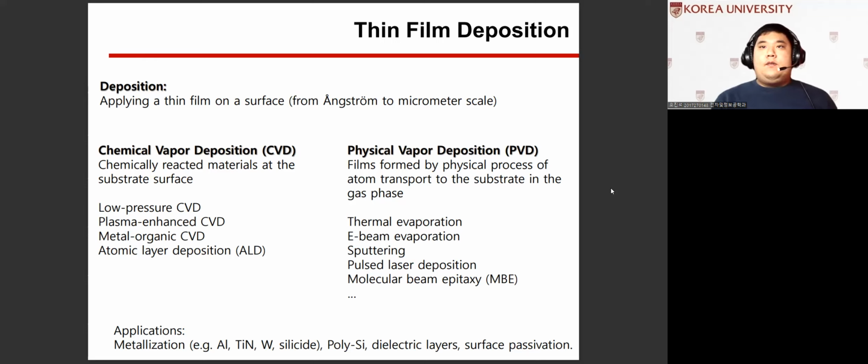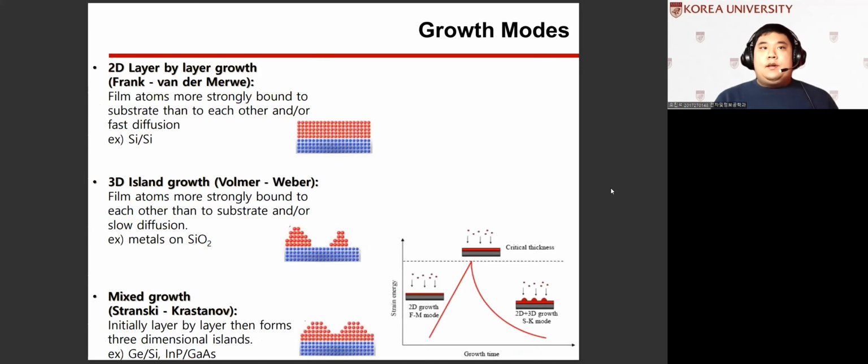Another way is the physical vapor deposition. In this way we use the physical reaction for deposition. Deposition can be used to grow materials such as metals or dielectrics.